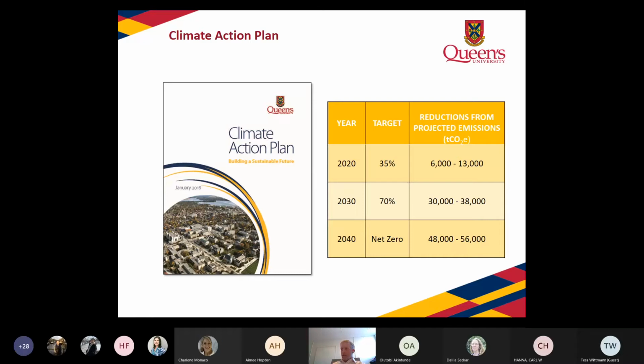And I think the other thing to note about the emissions is that this one's what we call an absolute target. So even if the university grows, we still have the same responsibility to reduce our emissions by that percentage, by that 70%. So our baseline doesn't change, even if the university continues to add and build new buildings, which we have since 2008.